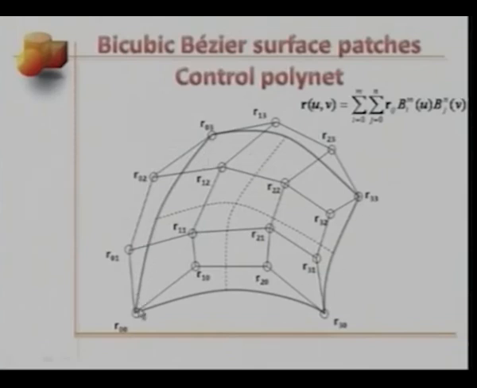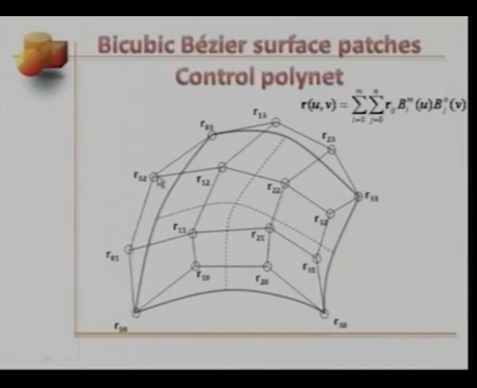Likewise, how about these 2 bounding curves? This one here corresponds to u equals 0, and for different values of v in between 0 and 1. Correspondingly, we have this control polyline. Because of the partition of unity property or the convex hull property, this curve will lie within the convex hull of these 4 points, and the shape will be predicted by the shape of this polyline.